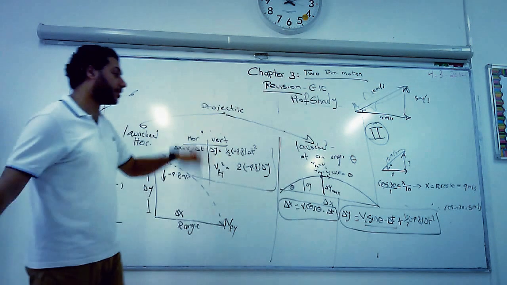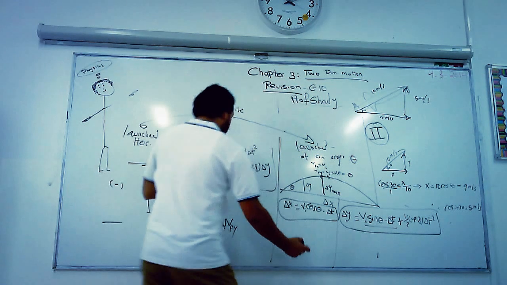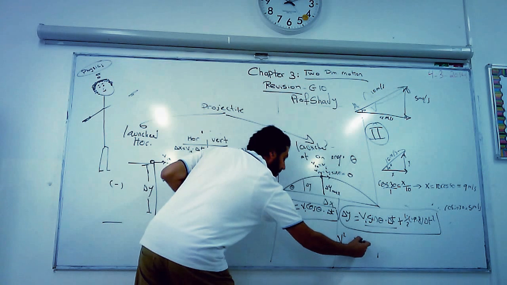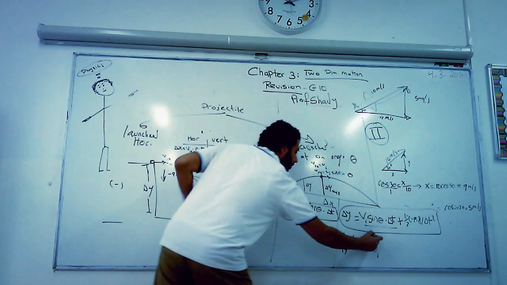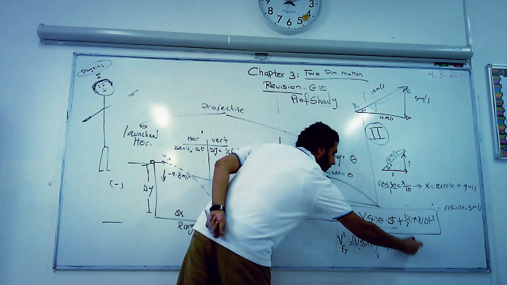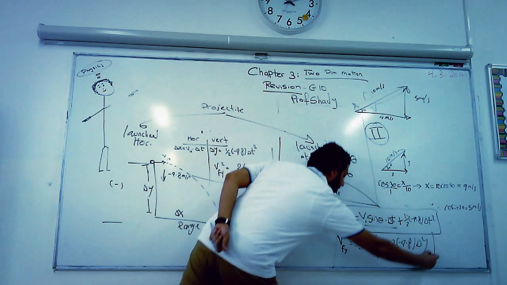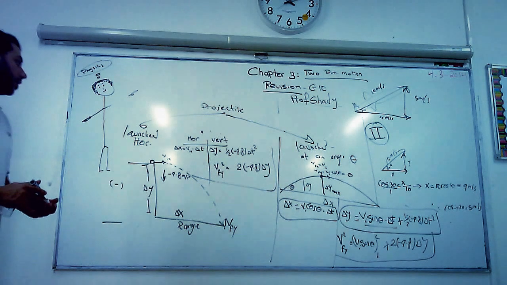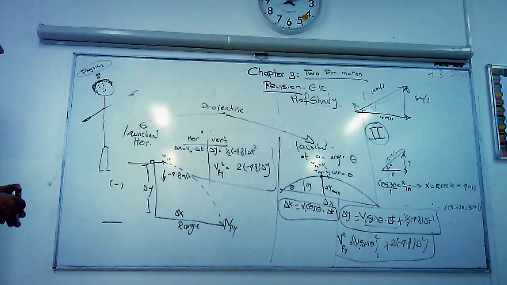For VFY squared, it is VI sine theta squared plus 2 times negative 9.8 delta y. Those are the two equations for the projectile launched at an angle.